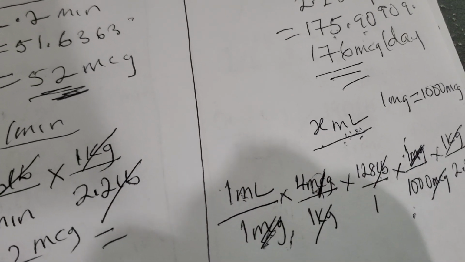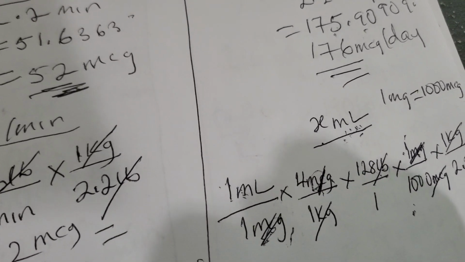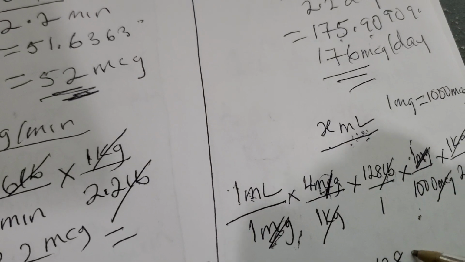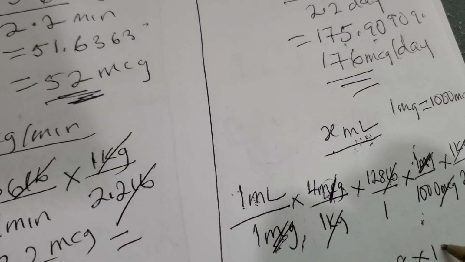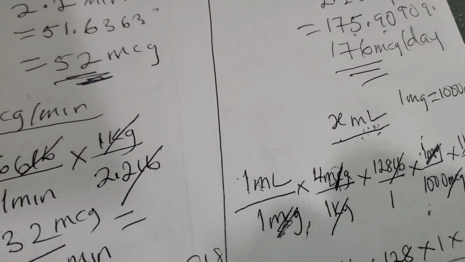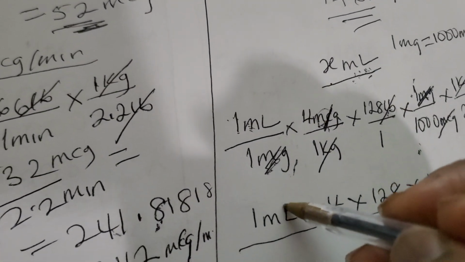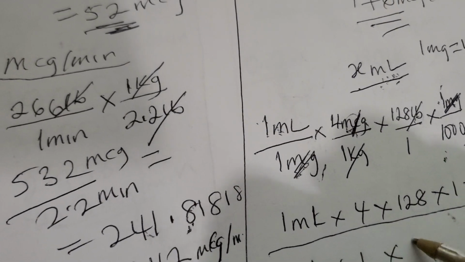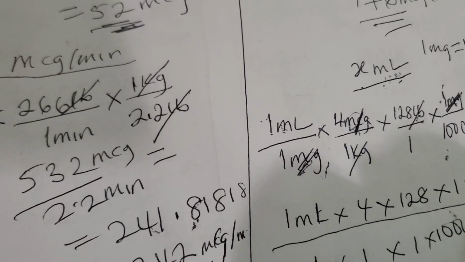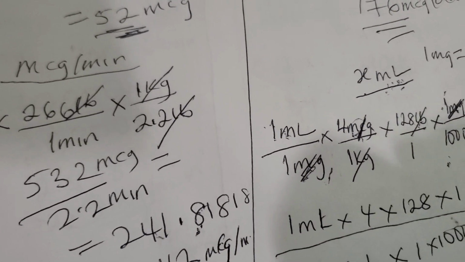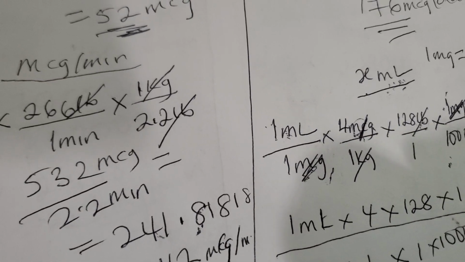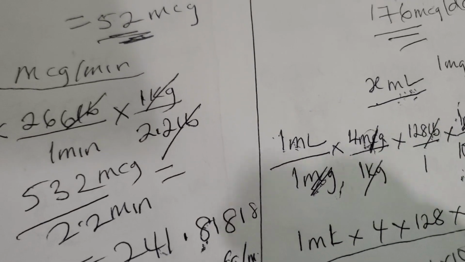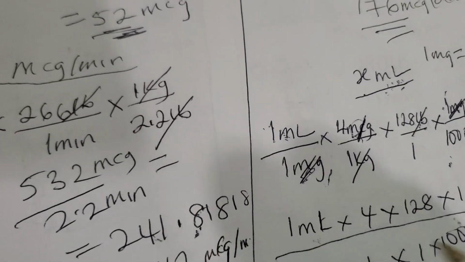We have 1 ml times 4 times 128 because the pound has been cancelled, times 1 and then times 1. This is what is remaining right now. At the bottom we have 1 times 1 times 1 times 1,000, which had the microgram with it, and then times 2.2. All the units down here have been cancelled out, so the only unit left is the ml.